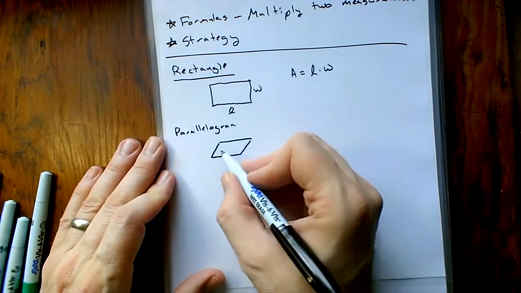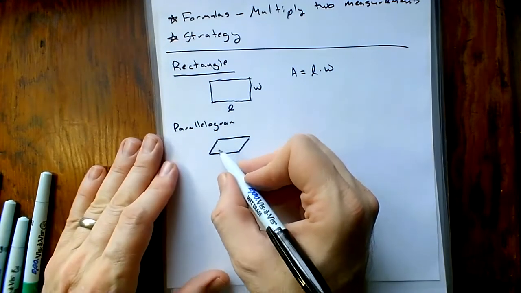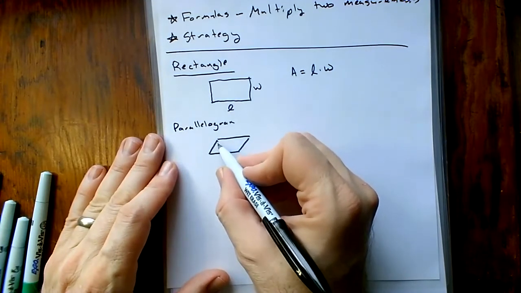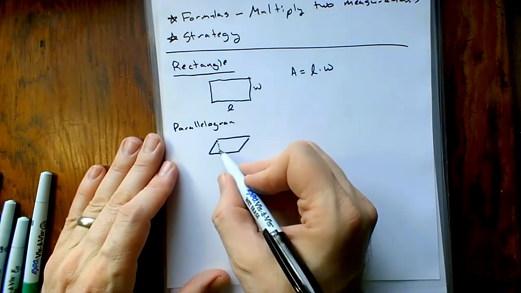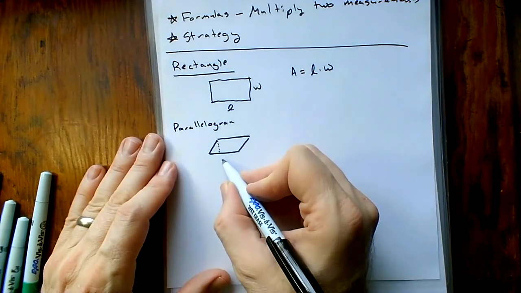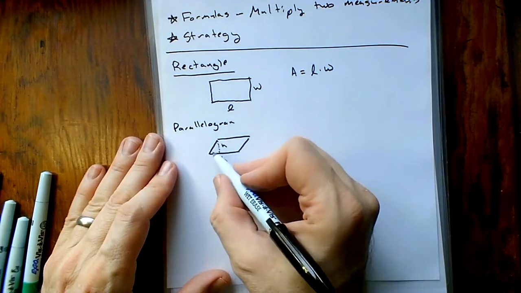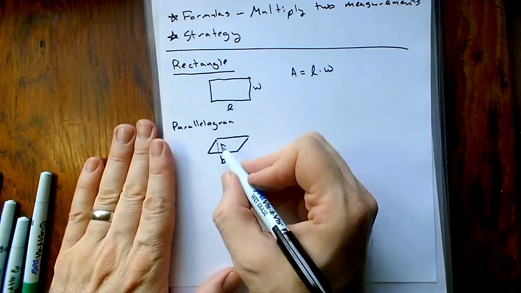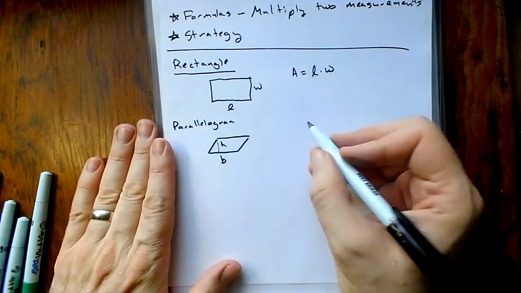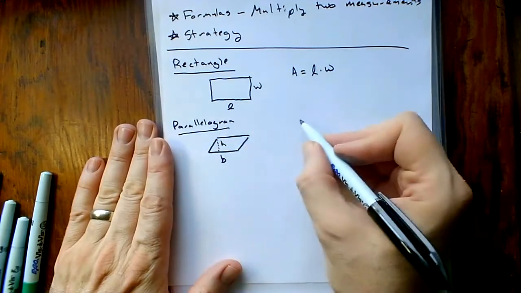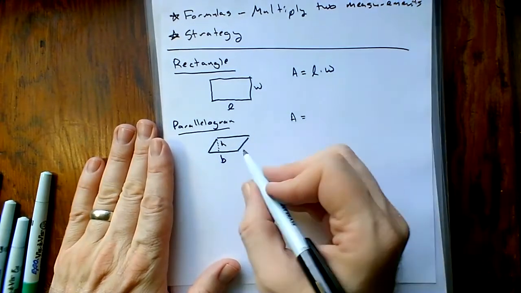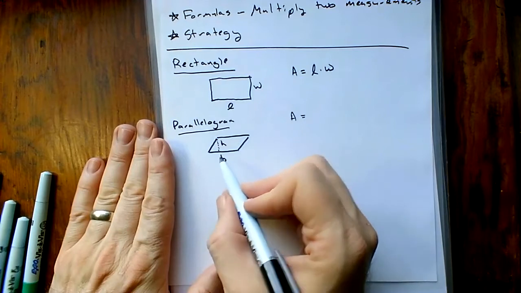Now, as tempting as it might be to include this kind of different leg, we're going to be thinking about this in terms of base and height. So you're going to get another sort of internal measurement here, and you're going to discover that the area of a parallelogram, and this is a fairly common thing, is going to be the base times the height.